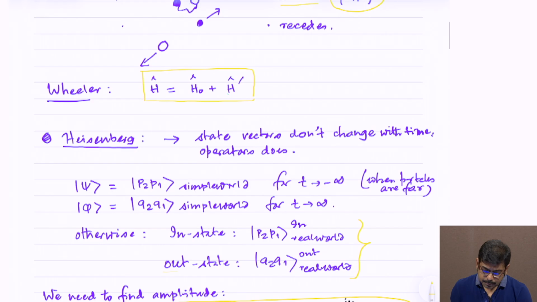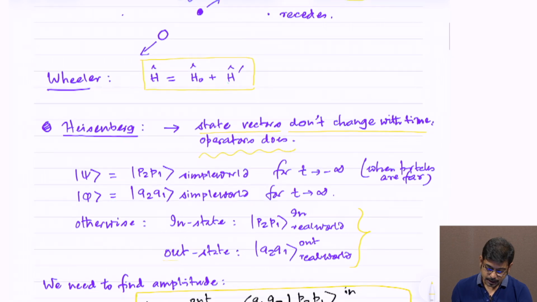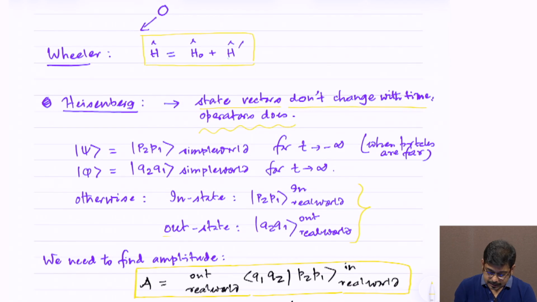And in the Heisenberg picture, we say that the state vectors do not change with time, but the operators do. So you can say that this state, which I can call |P1, P2>, the two-particle state, is at t equal to minus infinity, that is, at the initial stage when the particles are very, very far apart.